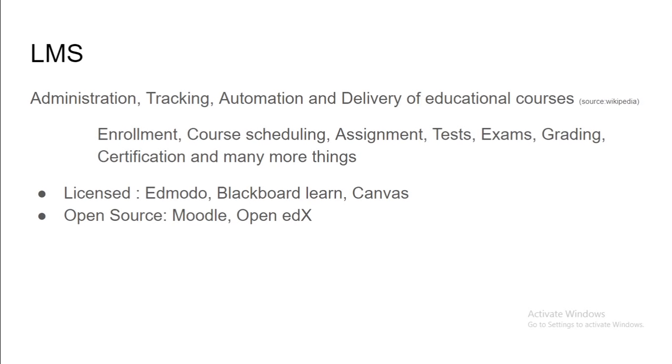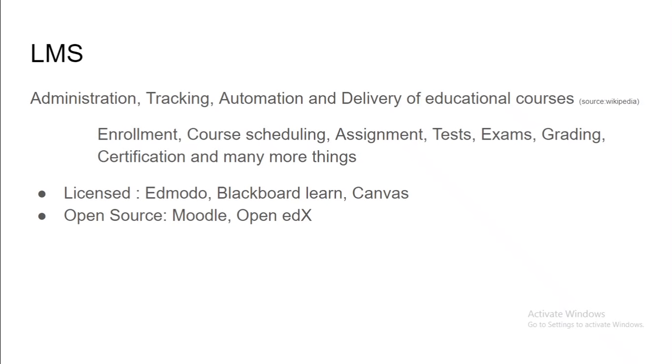The course can be scheduled, assignments can be given, and there are tests, exams, grading, certification, and several other things which can be done on any LMS platform. So that is actually the ideal. Not every LMS can give you all these services, but it can be an LMS if it provides most of them.